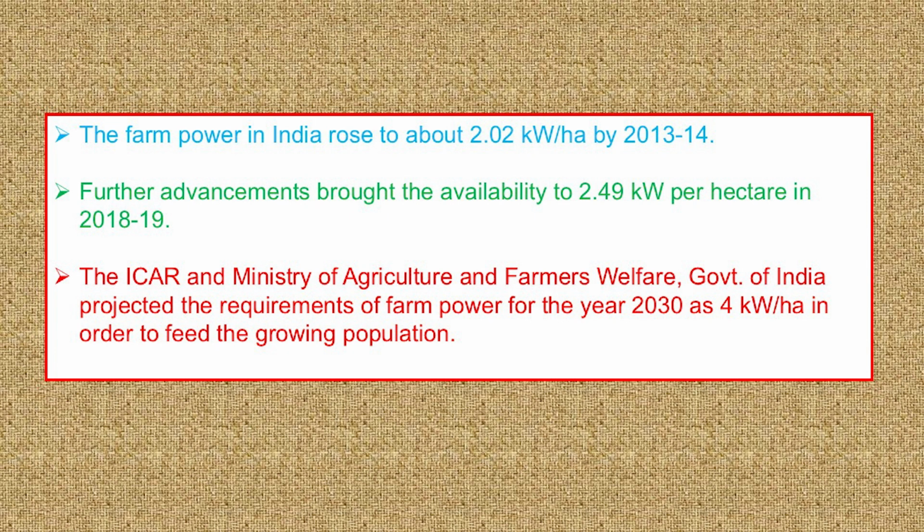This is the target set by the Ministry of Agriculture and Farmers Welfare in coordination with the ICAR, to increase farm power availability to 4 kilowatt per hectare by 2030. That is very much essential if you want to meet the food demand of the growing population. To meet the food demand of a growing population, you need more farm power availability.